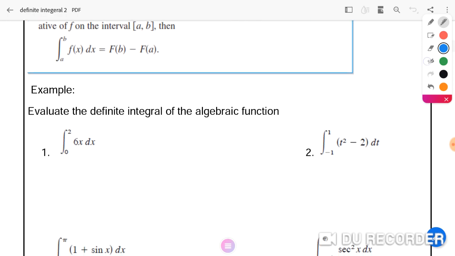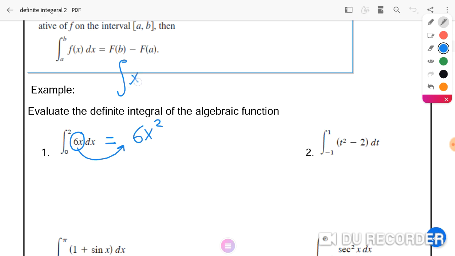Look here, how to find the definite integral of this function 6x with respect to x from 0 to 2. I have to find the antiderivative of the integrand function. It will be 6x squared over 2 by applying the power rule of integration.